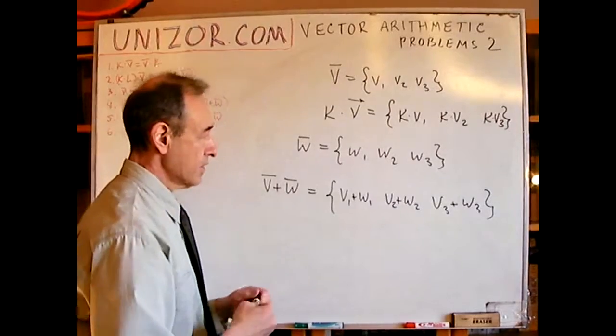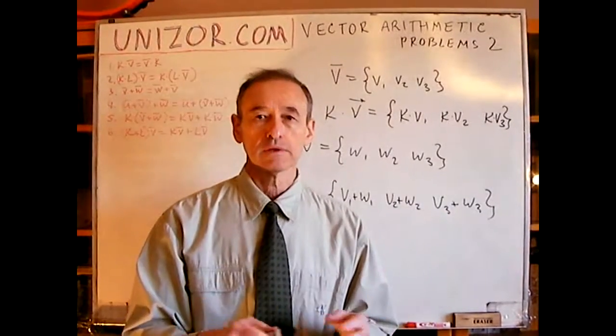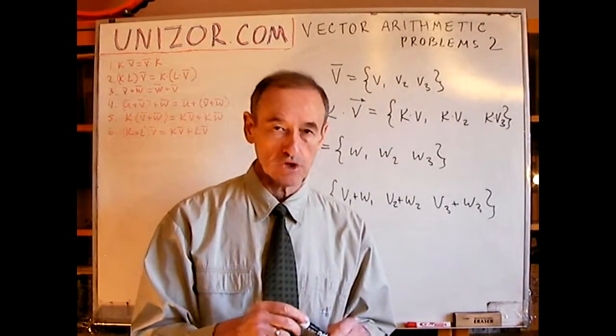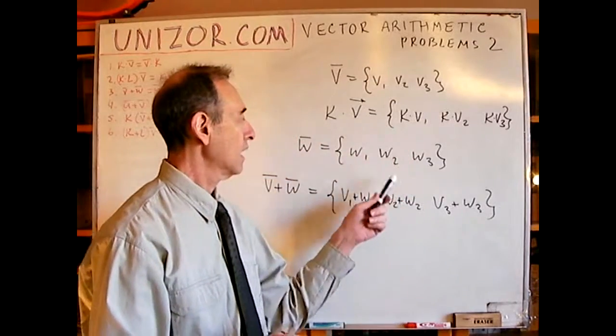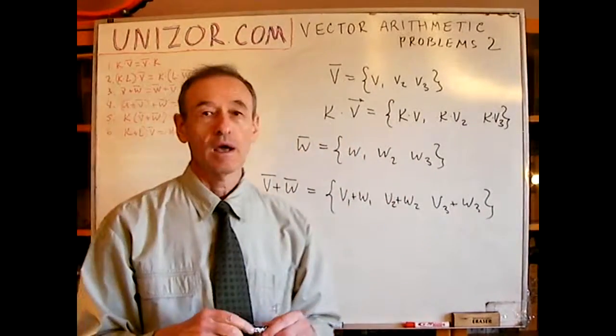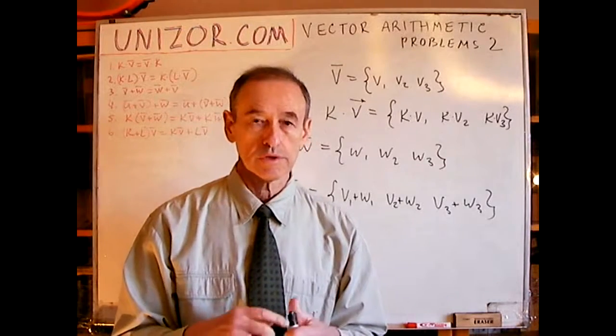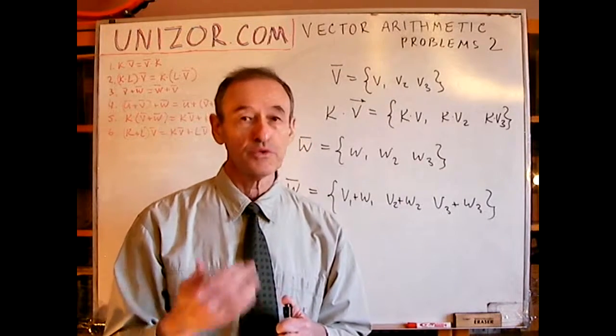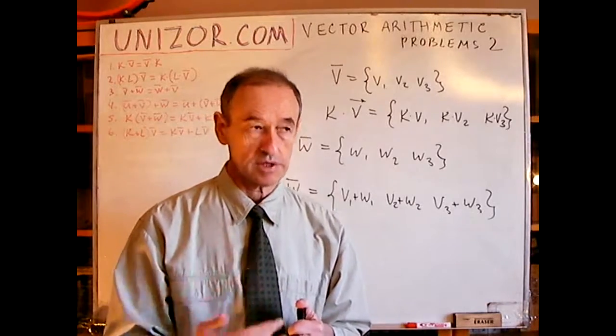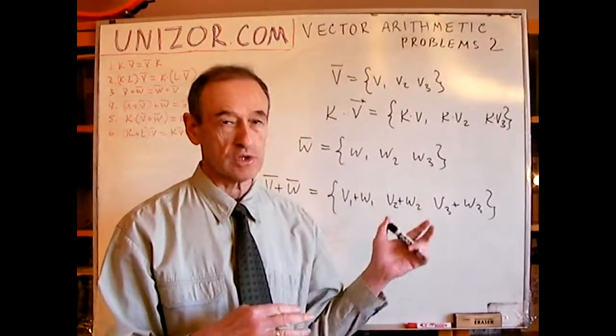Now, these two fundamental properties, multiplication of a vector by a constant and addition of two vectors, are very important in proving certain properties of multiplication and addition.